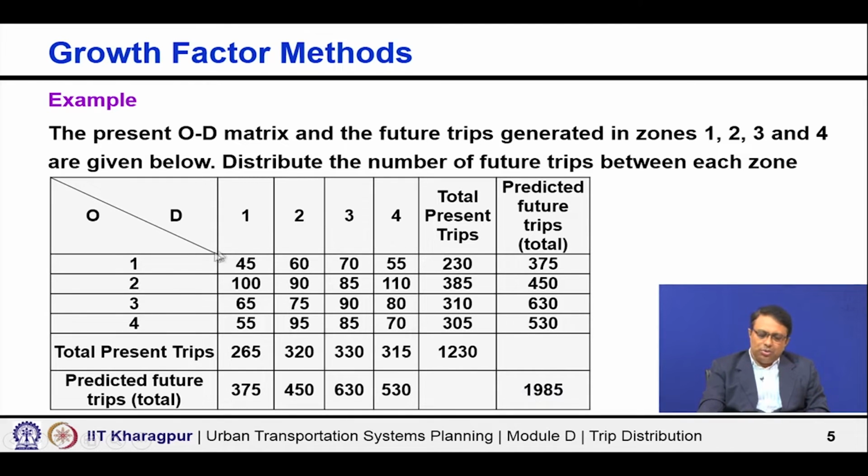So we need to update this given matrix in such a manner that the total trips become 1985 and the row totals and column totals become 375, 450, 630 and 530 for zones 1, 2, 3 and 4 respectively. That is what we need to do.